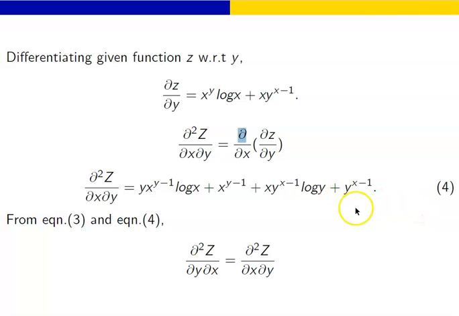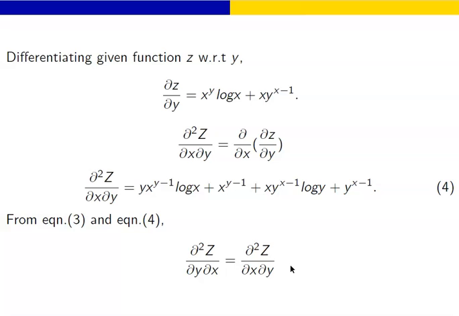So this is the fourth equation. From the third and fourth equation, we can show that dou 2z by dou y dou x is equal to dou 2z by dou x dou y. Already we know that this is a property, so for any value of z, this must be satisfied.